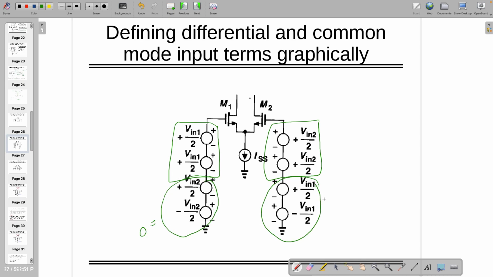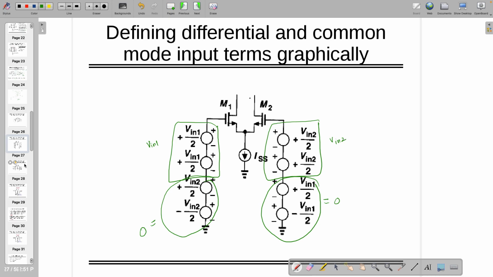Look at this, there is 0 only, right? Here this was becoming V in 1, and on the other side this was V in 2. But what I am doing, V in 1 plus half of the quantity, this is just for my understanding, I did that. If I do that, then what's going to happen?